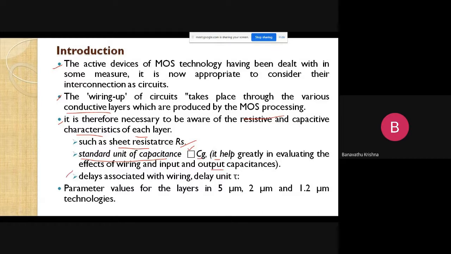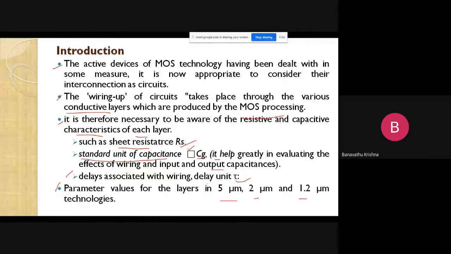And next are the delays associated with the wiring. The delay unit is represented as tau. You know that, right? And the parameter values for the layers are given for 5 micrometer technology, 2 micrometer technology, and 1.2 micrometer technology.